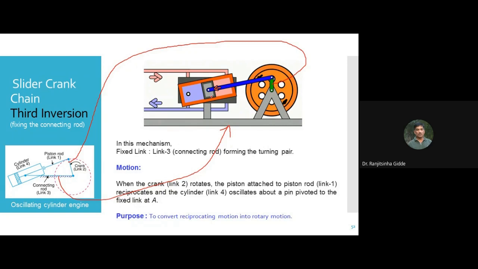The connecting rod is fixed. First point is here and second point is here. Okay, and this is the piston rod. And this is the cylinder.